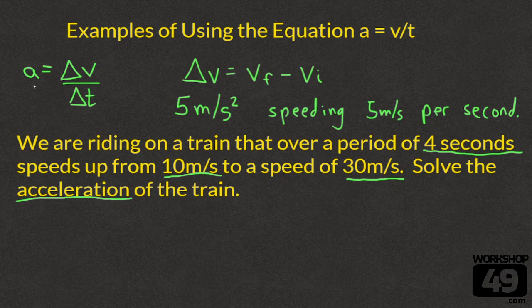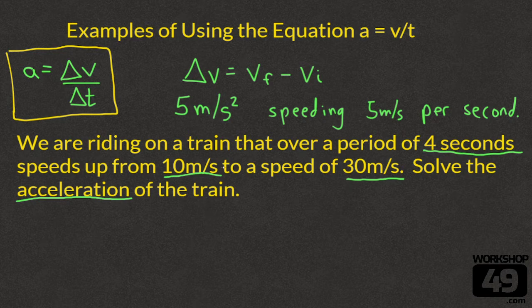You know that you're going to be using this equation, A equals delta V over delta T, anytime the question has to do with speeding up or slowing down. This is not a constant velocity. This is not an average velocity. Our speed is changing. That means we use the equation A equals delta V over delta T.